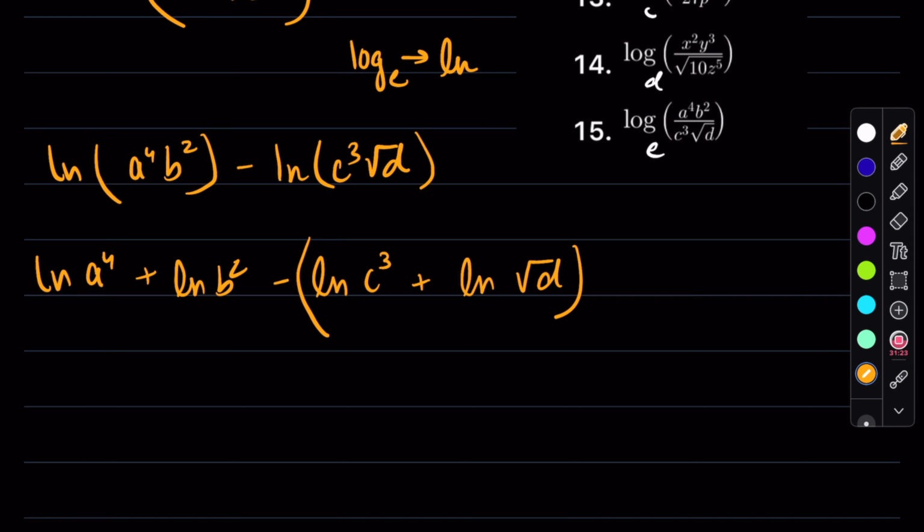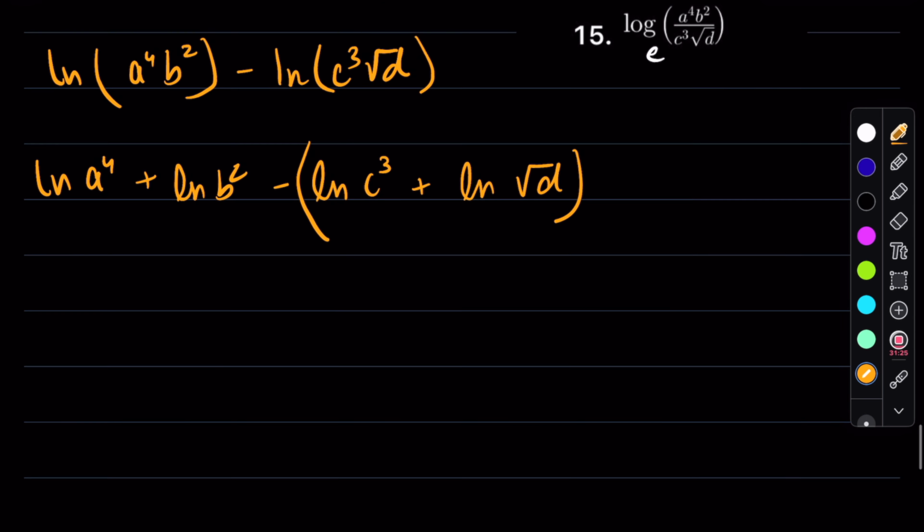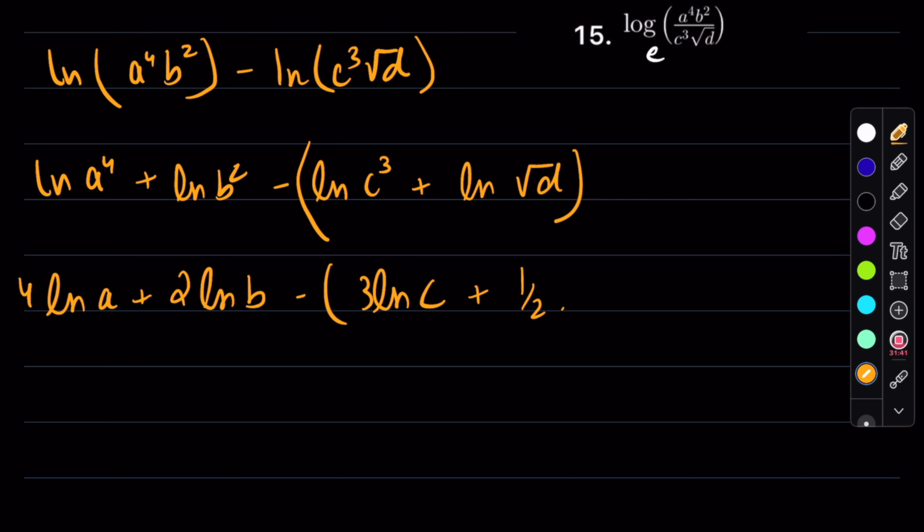Okay, well, ln a power 4, I can write it as 4 ln a plus 2 ln b negative 3 ln c plus half ln d. All right, well, under root d means d raised to the power of half, and because half is on the whole argument, which is d in this case, so half can be shifted backwards, so it becomes half ln d, right?